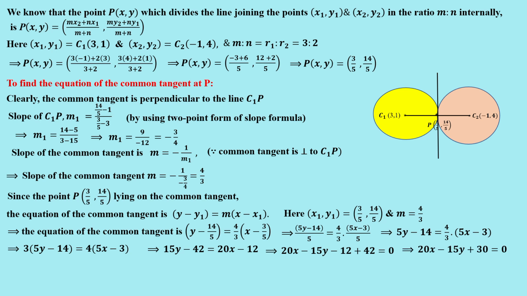So that is 20x - 15y + 30 = 0. Dividing each number by 5, 20/5 is 4x, 15/5 is 3y, and 30/5 is 6, so 4x - 3y + 6 = 0, which is the required equation of the common tangent.